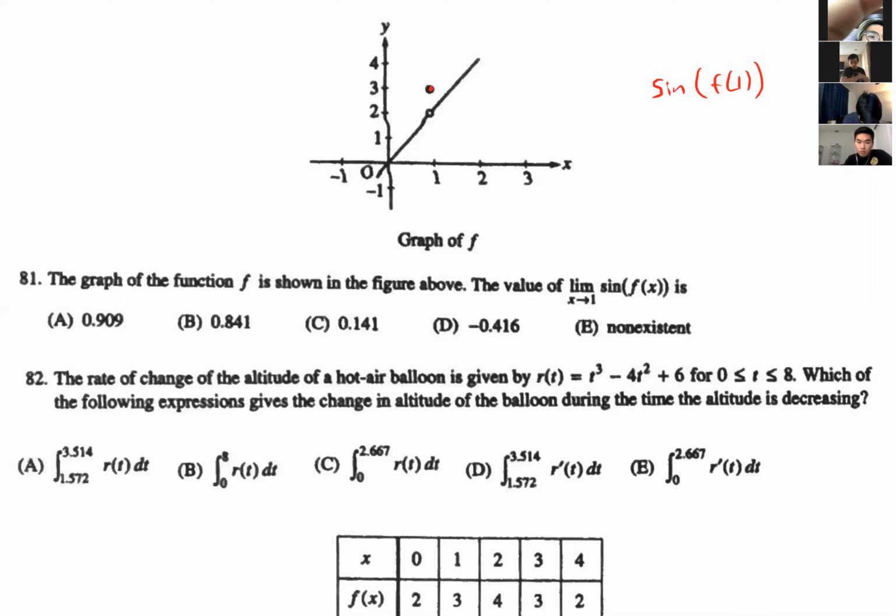So the limit of this, let me change this to be x. As x approaches 1 from both sides, from the left side and from the right side, not at 1, but as it approaches 1 from both sides, isn't it approaching the y value of 2? So I could think of this as sine of 2.